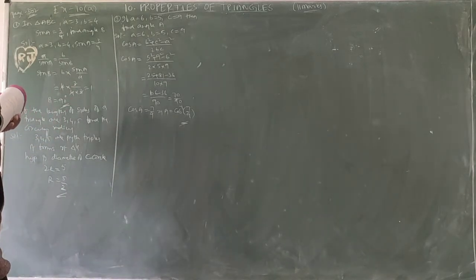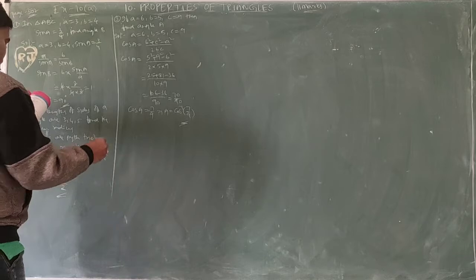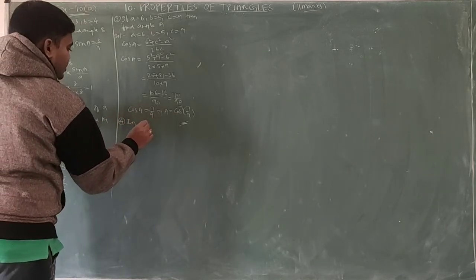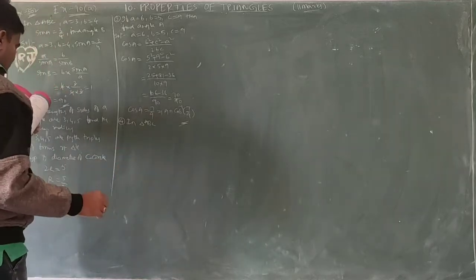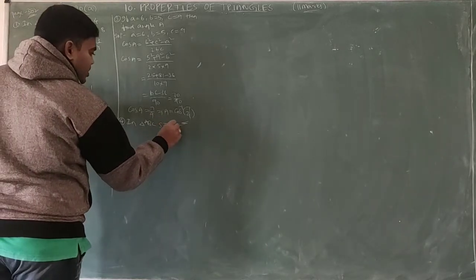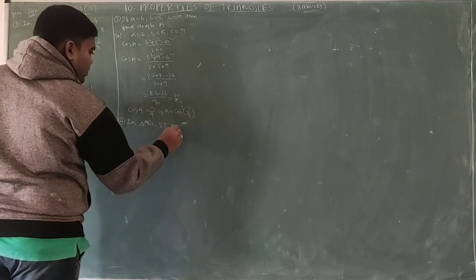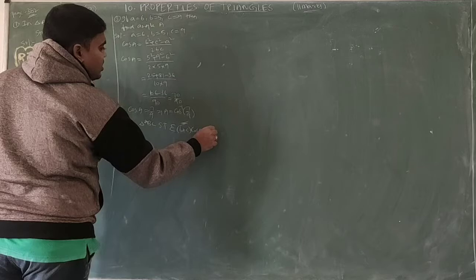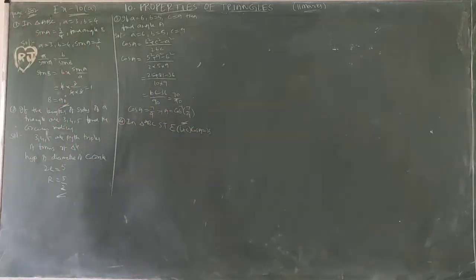Next, fourth question: in triangle ABC, show that sigma (b plus c) cos A equal to s. So previously we discussed this one.